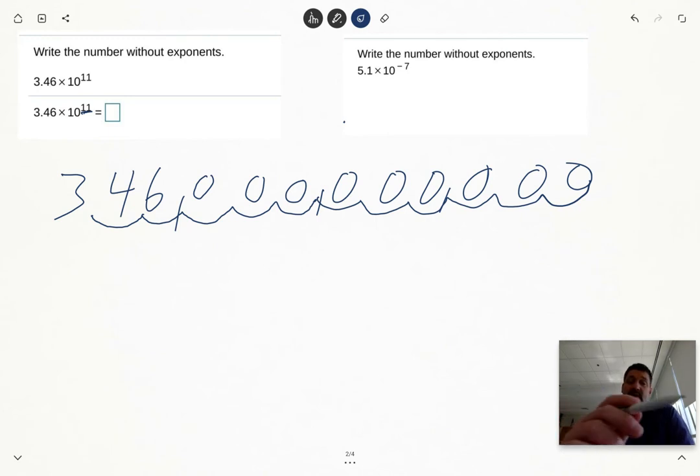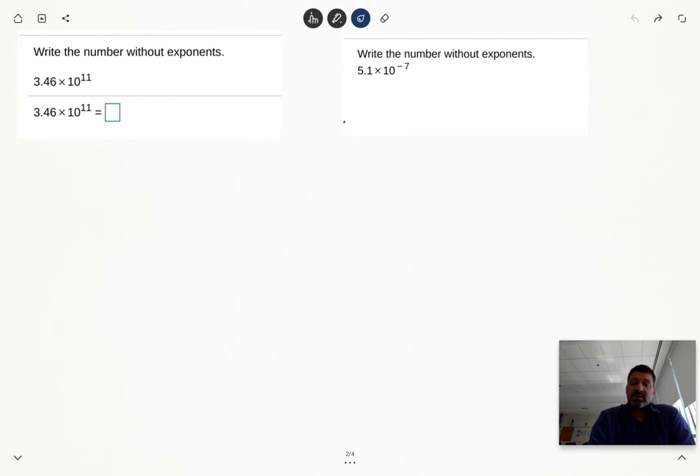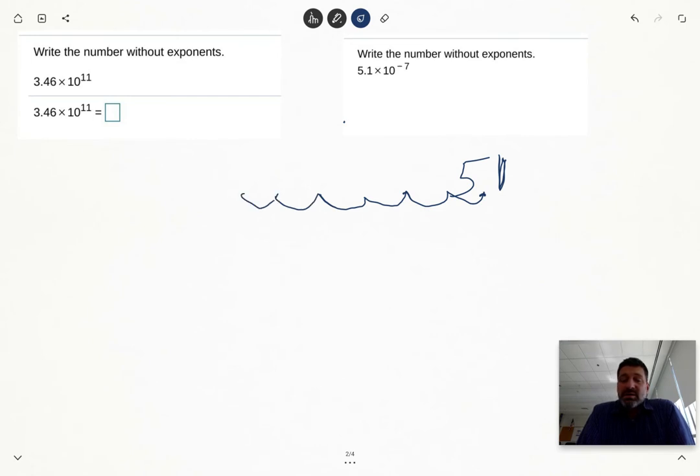Now this is multiplying by 10, 11 times. When we have small numbers, we're dividing by 10. So this would be dividing by 10, 7 times. So we're going to start with this 5.1. Keep in mind the decimal point is starting between the 5 and the 1, but we're dividing by 10 7 times. So 1, 2, 3, 4, 5, 6, 7.